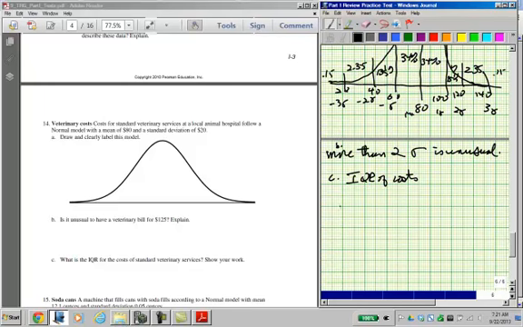Well, the IQR equals 4/3 sigmas, which equals 4/3 times 20, which is 80 over 3, which is what? 3 goes into 8 twice, carry the 2. $28.67 or something like that.